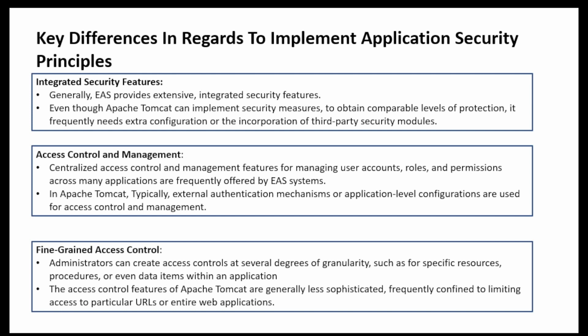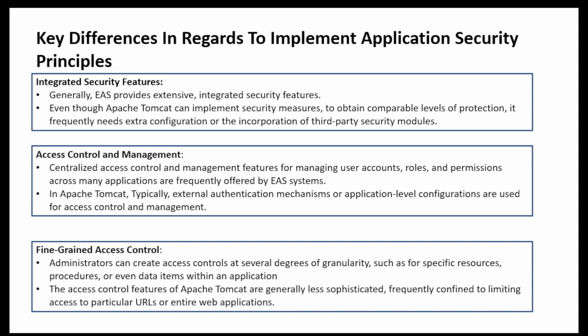Key differences regarding how to implement application security principles: integrated security features. Enterprise Application Servers (EAS) typically offer comprehensive and integrated security features, while Apache Tomcat can also implement security measures, achieving similar levels of protection, but it often requires additional configuration or the integration of third-party security modules.